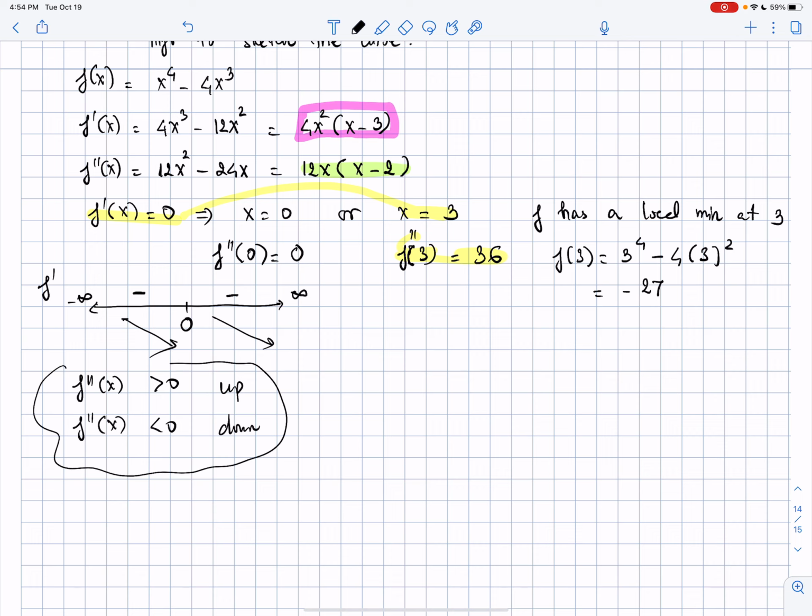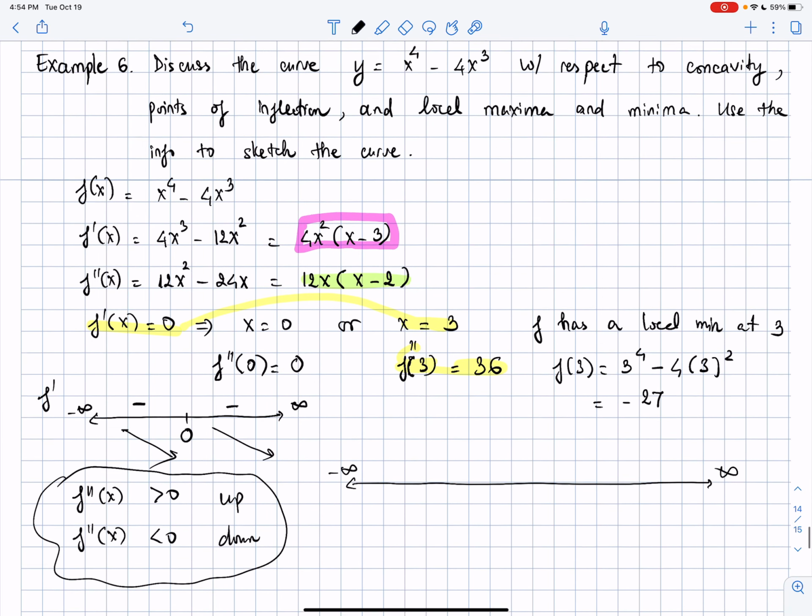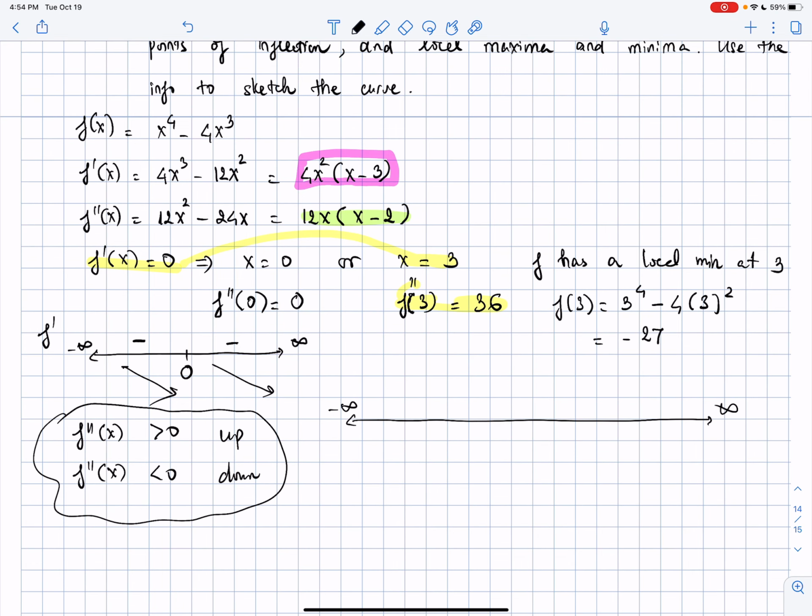So we remember that. So let's discuss that. Let's have the number line, and then let's put the two zeros of the f double prime, which are x equal to 0 and x equal to 2. So we're gonna put 0 and 2.